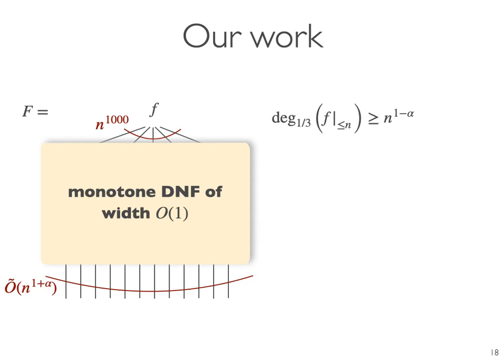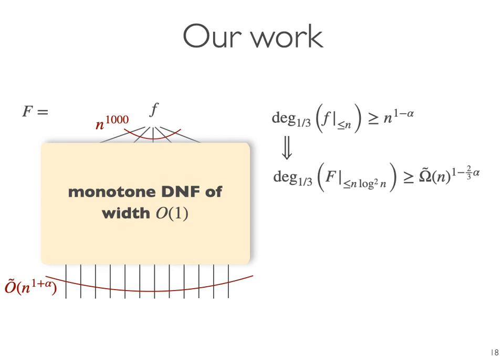We prove that the approximate degree of capital F is at least n to the 1 minus 2/3 alpha, even if we restrict the input to capital F to have Hamming weight roughly n. All right, there are two things happening here at the same time.